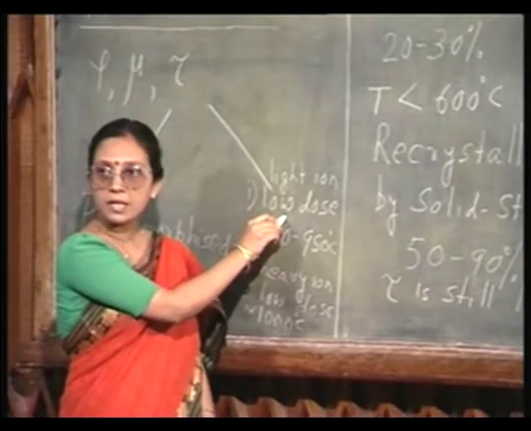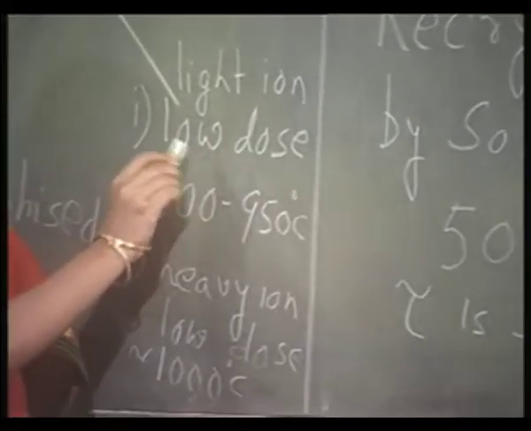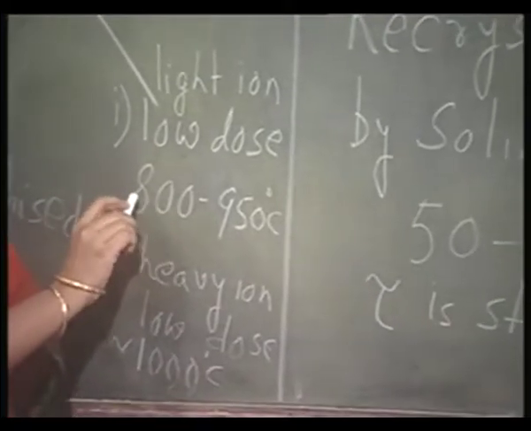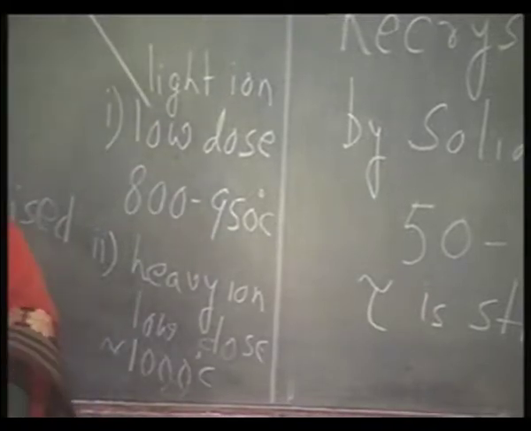I have light ions in low doses where the damages are much less, but here I need to go to at least 800 degree centigrade to 950 degree centigrade in order to get back the full activation.